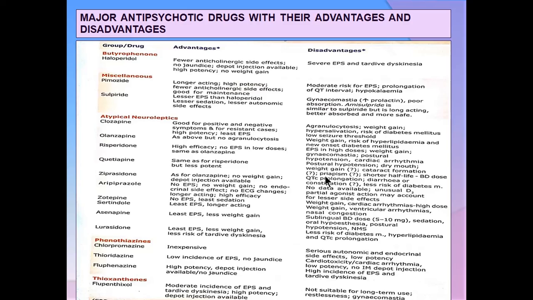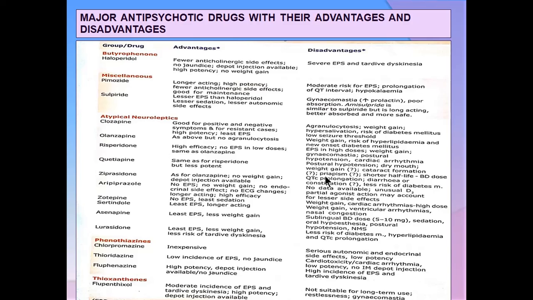Coming to the next group, that is the miscellaneous group, drugs being pimozide and sulpiride. Their advantages are longer acting, high potency, fewer anticholinergic side effects, good for maintenance, lesser extrapyramidal syndrome than haloperidol, lesser sedation, lesser autonomic side effects.